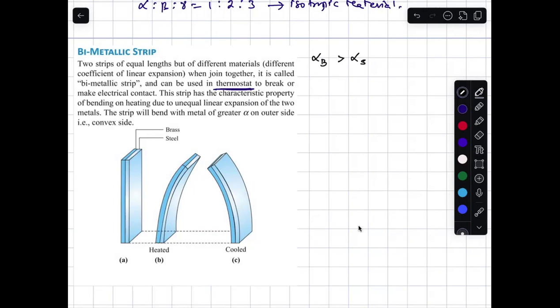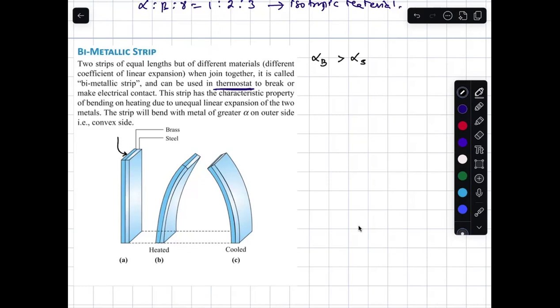But because they are combined, it will bend. Which side will it bend? The one with more alpha will be on the convex side. So now, for example, for a circuit, this is how it is in contact.